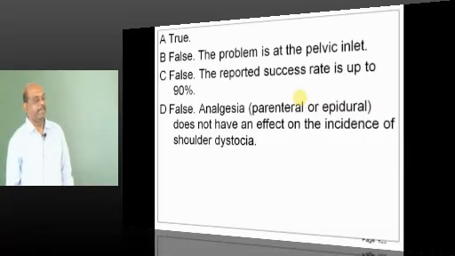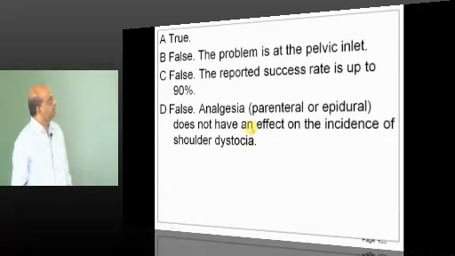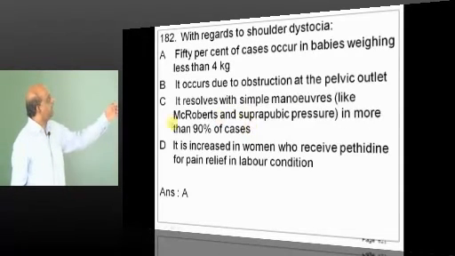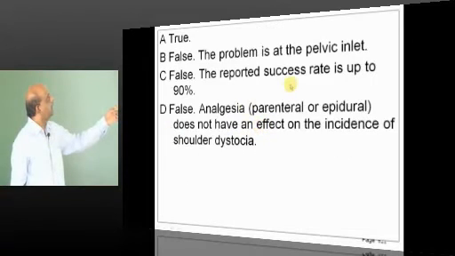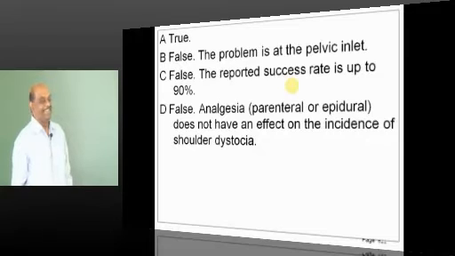It's outlet. Shoulder dystocia. C is also correct. The reported success rate is up to 90%. More than 90% is not up to 90%.